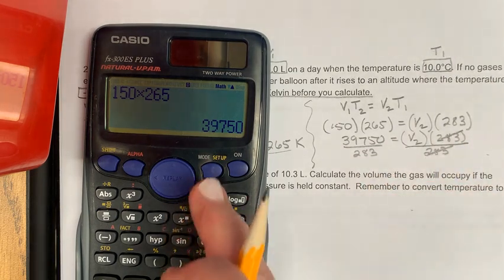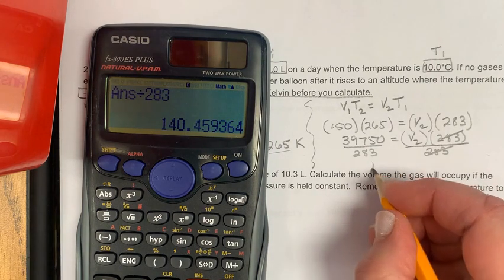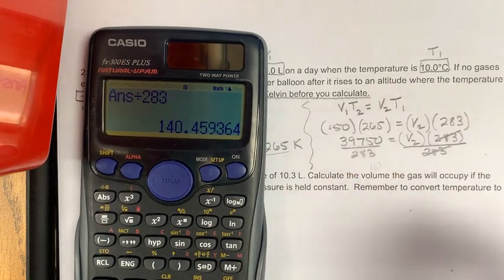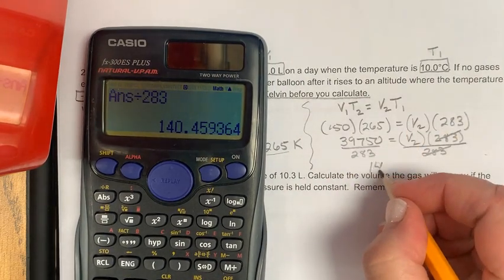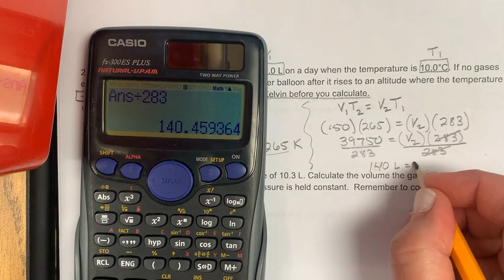So now we have 39,750 divided by 283, and we get about 140. I'm going to round that to 140. This is volume, so it's liters, and that is our V2.